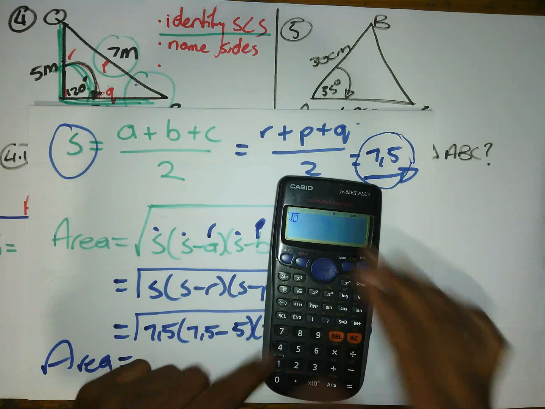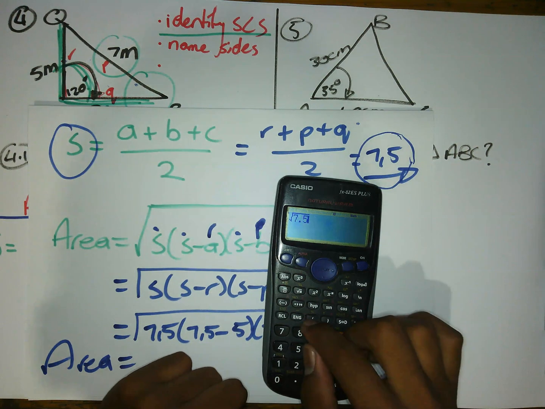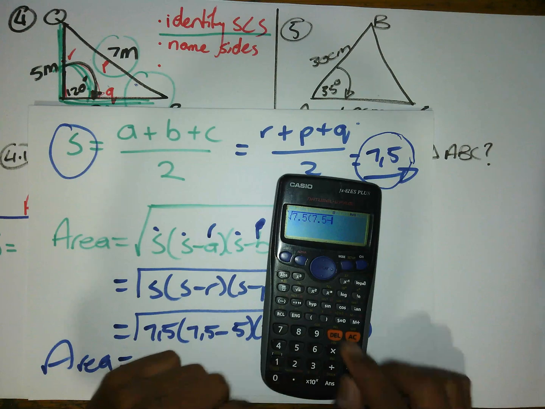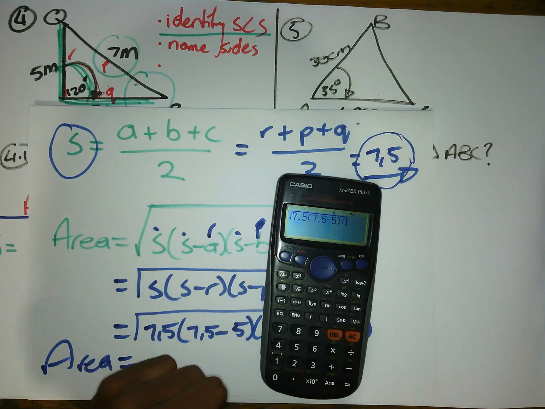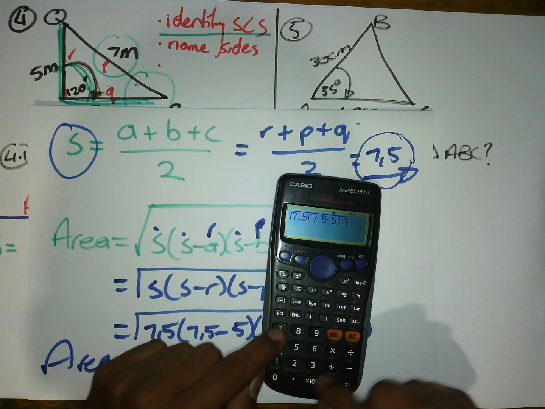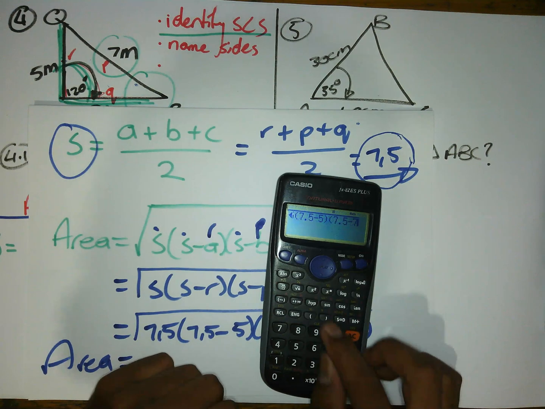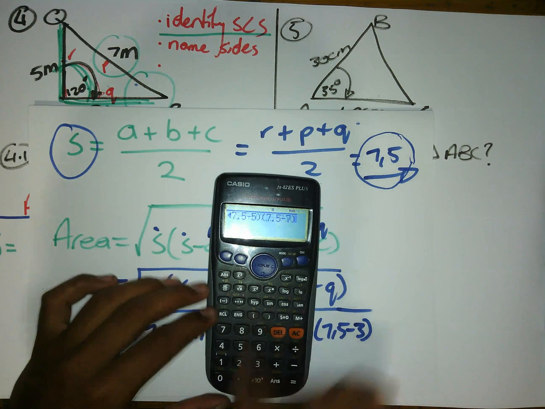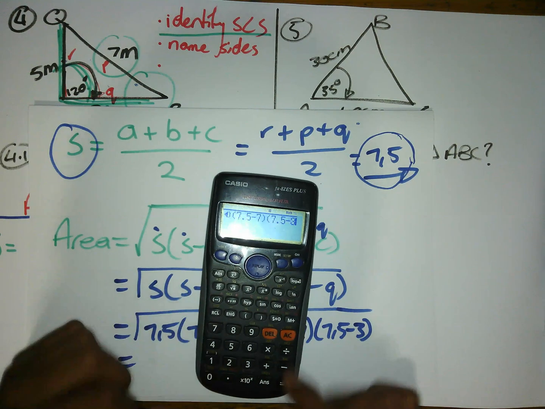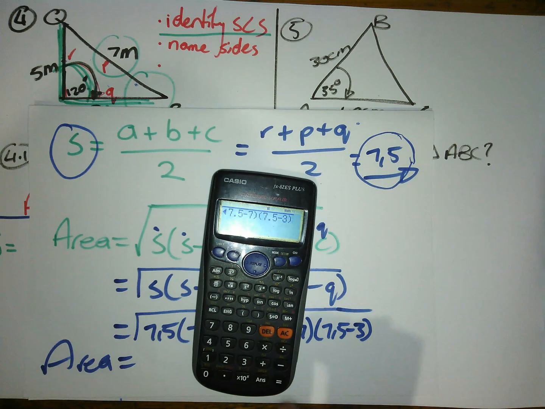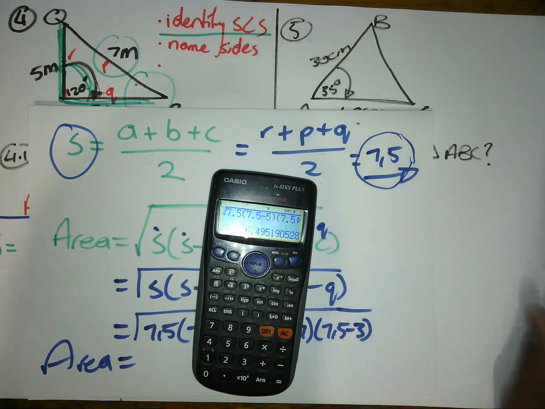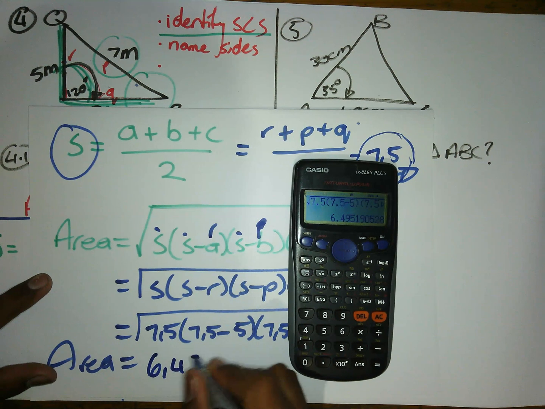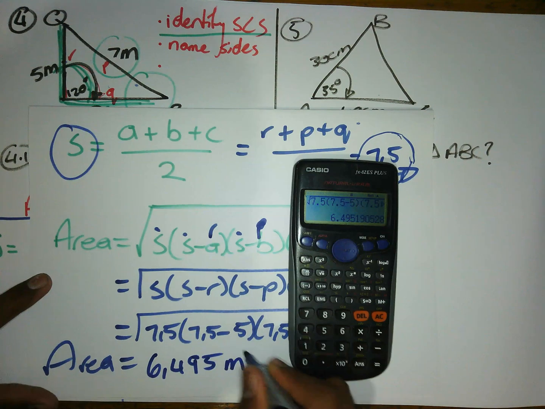So square root 7.5, open brackets, 7.5 minus 5, close brackets, open brackets, 7.5 minus 7, and then open brackets again, 7.5 minus 3, close brackets, equals 6.495 meters squared.